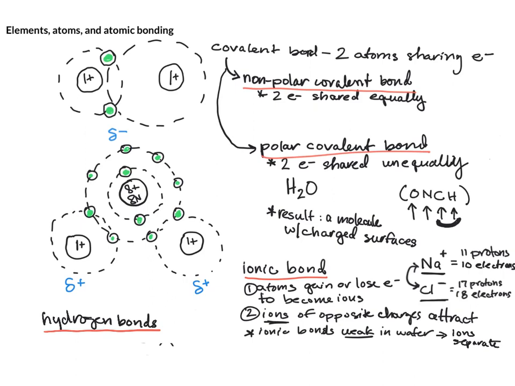Hydrogen bonds occur when a hydrogen atom already in a polar covalent bond is attracted to something negative nearby.